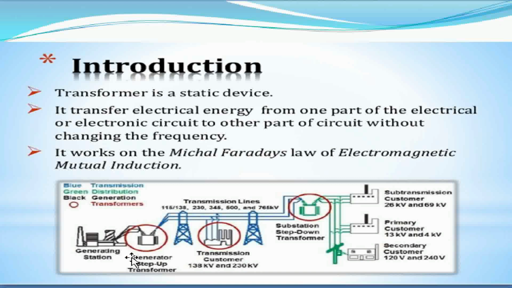Between the generating station and transmission we use one transformer, that is the step up transformer. This generator step up transformer is used to increase the level of voltage. What is the purpose of increasing the level of voltage? To decrease the transmission losses. So the transmission voltage is 138 kV or 230 kV.